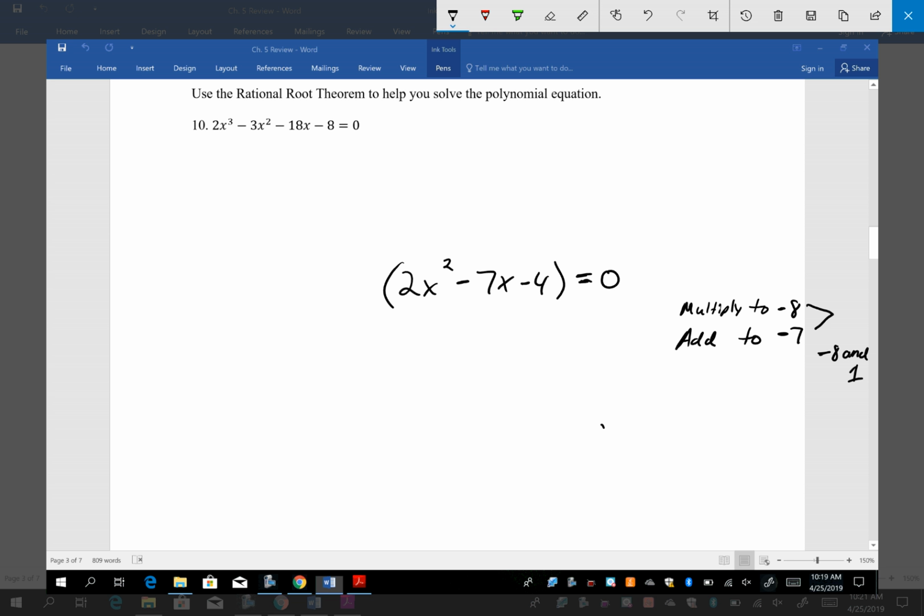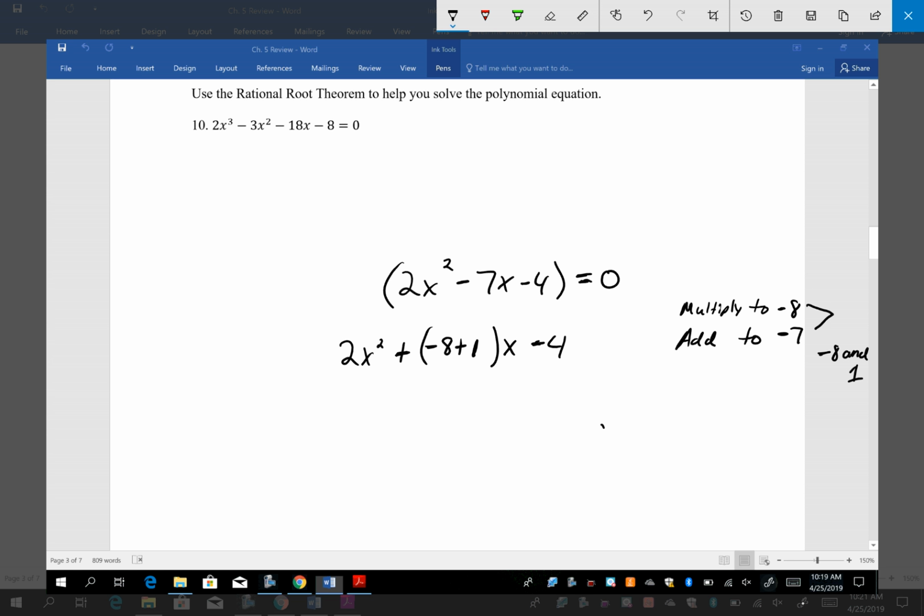Okay? So here's how I write it. 2x squared is the same. I always write an addition symbol, no matter what. Then I open parentheses to put my two numbers: negative 8 plus 1. If it would have been negative, I would have written negative 8 plus negative 1, just like we did in the last one. Put the x, and then bring down the minus 4.